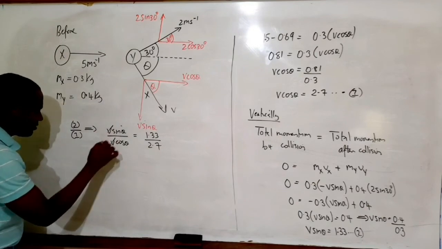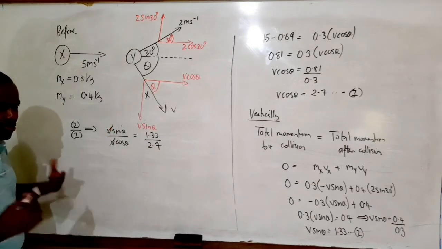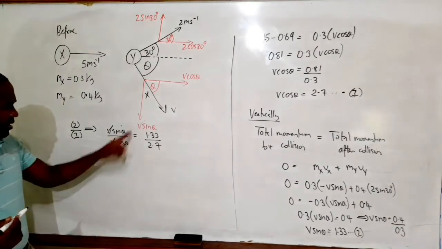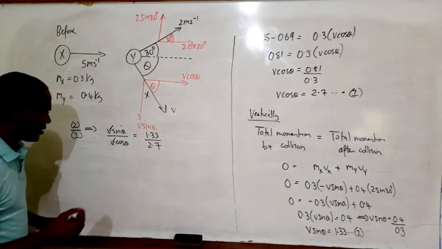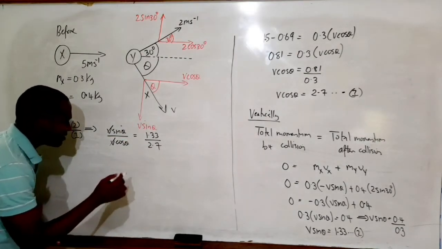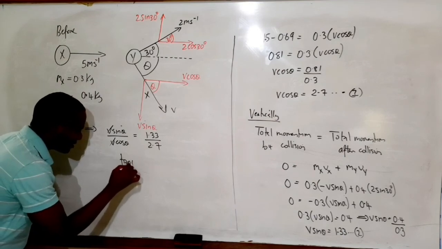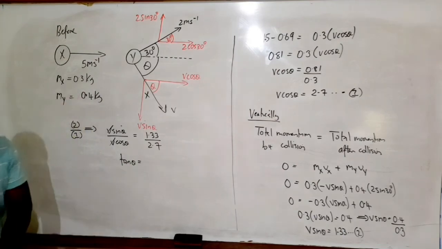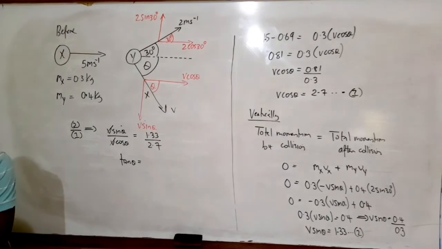The v's cancel, and of course, according to our trig identities, the sine of any angle divided by the cos of that angle is equivalent to the tangent of the angle. So tan theta equals 1.33 divided by 2.7.